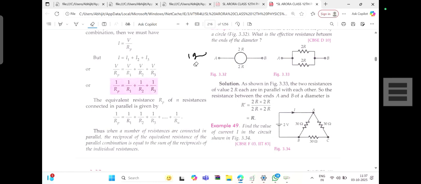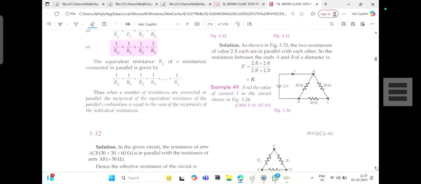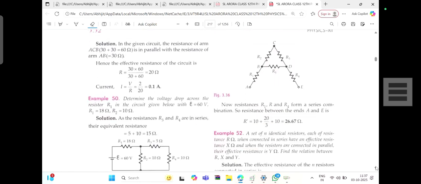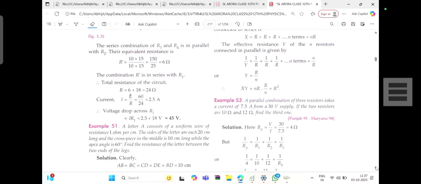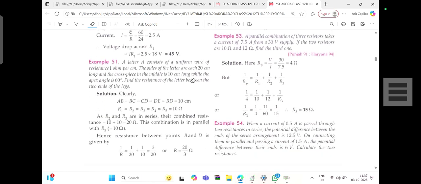Right now we will discuss this problem. A letter A consists of a uniform wire of resistance 1 ohm per centimeter. The sides of the letter are each 20 centimeter long, and the cross piece in the middle is 10 centimeter long, while the apex angle is 60 degrees.